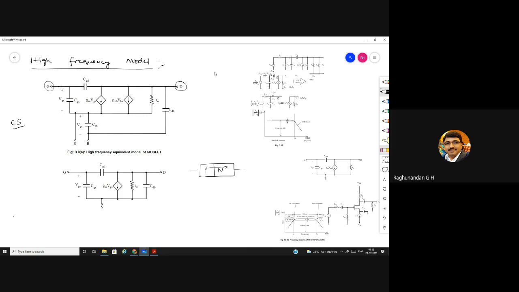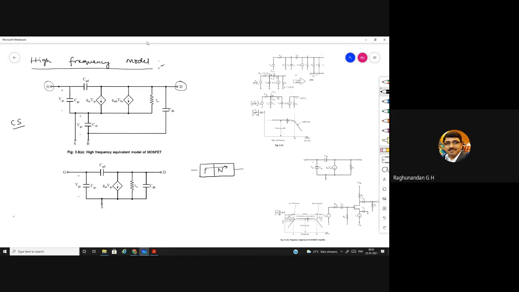Is there any current which is also going to be flowing through the junction along with this drain current, or along with this forward current? No response. Okay.